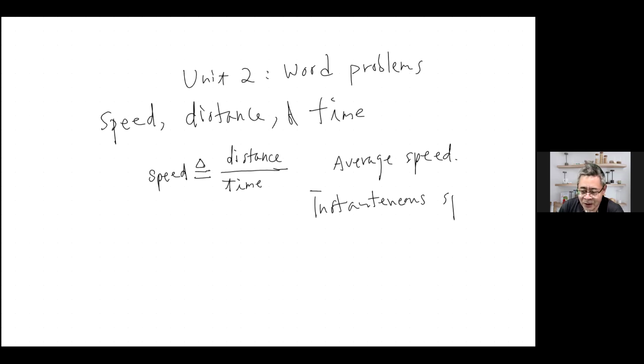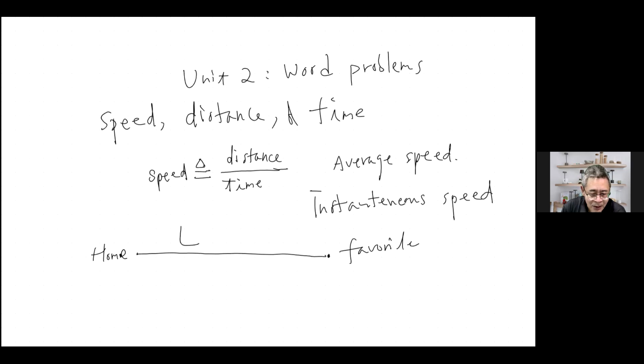It's called instantaneous speed. Say you want to go from your home to your favorite place. Along the way, we might have to go through schools, and a school normally has a pretty low speed limit, so you can probably only go 25 miles per hour.